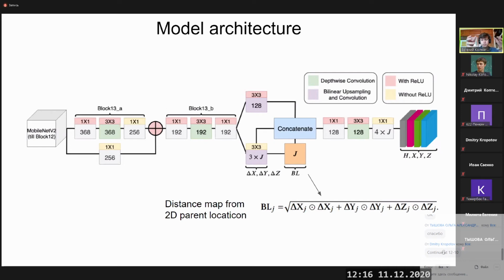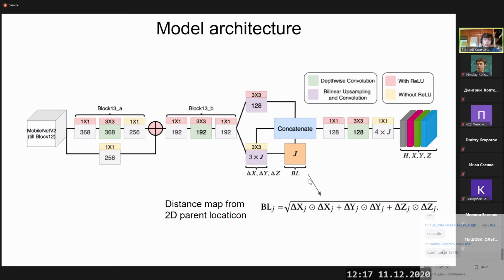You can imagine the human skeleton as a tree, and you can use the parent and child relation. And also they compute the distance of the key point from the root point.